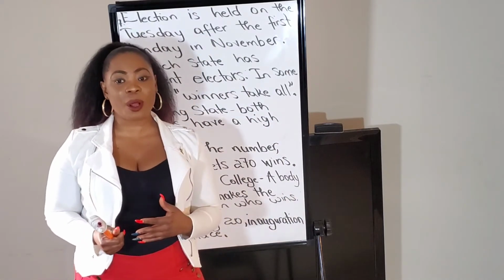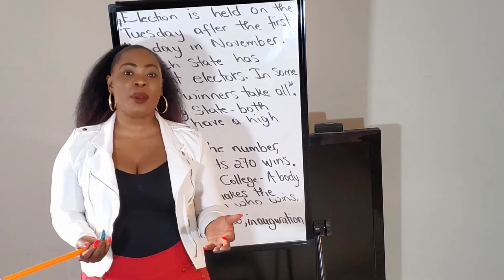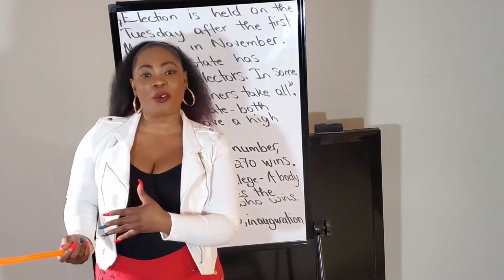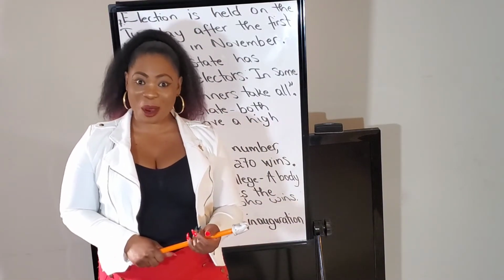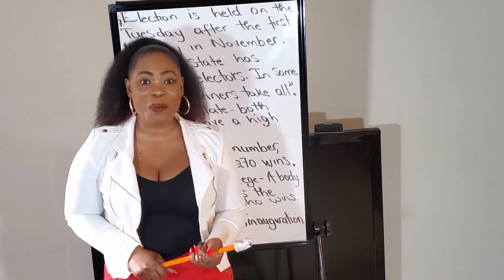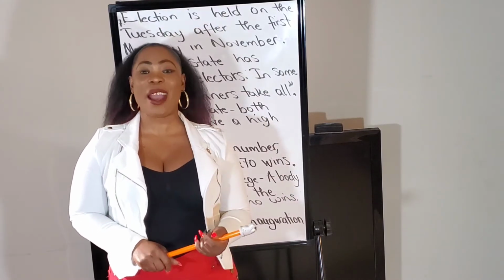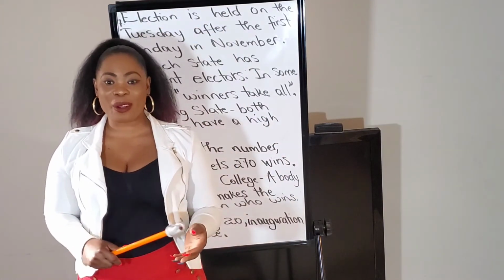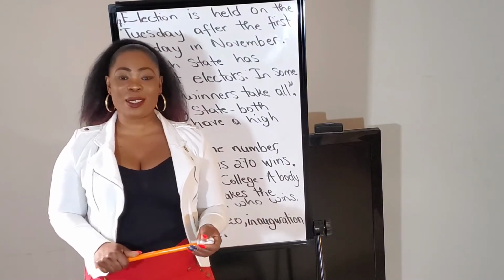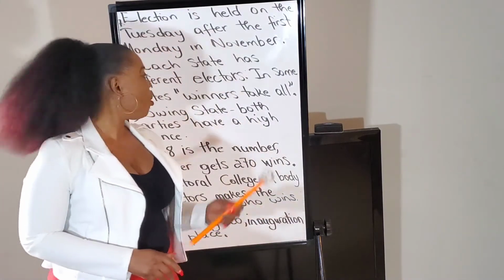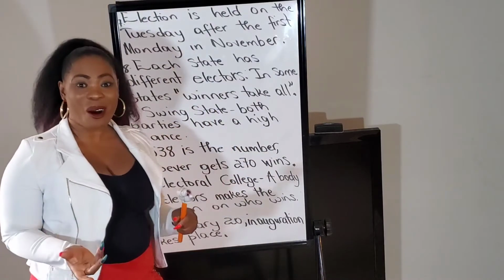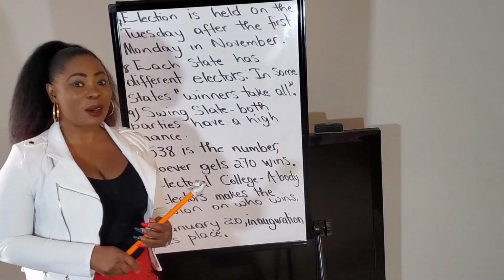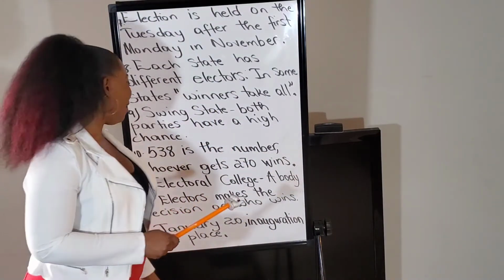Now, because the Republican won, then the Republican will just get all of those 10 votes. You see how it goes? Yes, like a complicated chess game, my geniuses. But that happens. So this is what it means when it says winners take all. Some states are like that, but not all states.